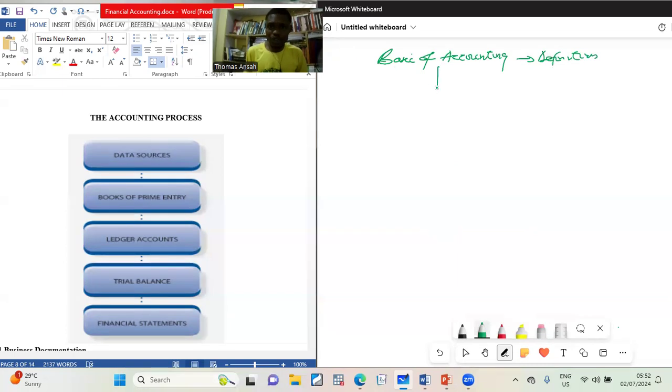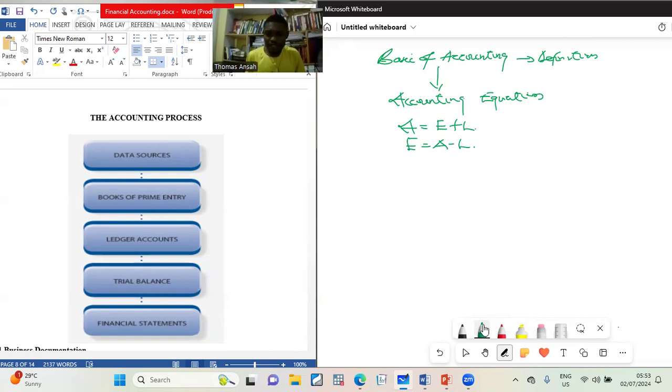Then we went on to talk about the accounting equation. And I know by now you can write the first accounting equation and the second accounting equation. The first accounting equation goes like asset is equal to equity plus liability, or you can also say capital plus liability. The second one went like equity is equal to what? Asset minus liability. So this is what we've been doing.